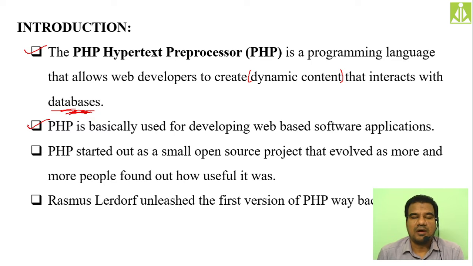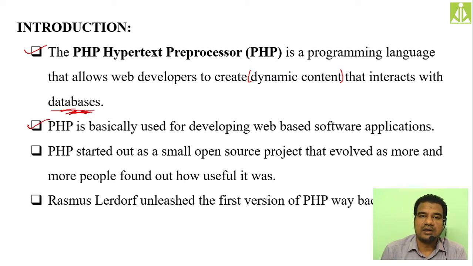How exactly did this PHP start? A group of people thought of developing an open source project. That evolved as more and more people found out how useful it was.